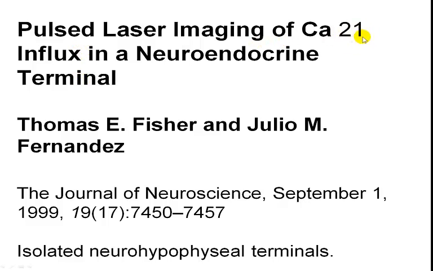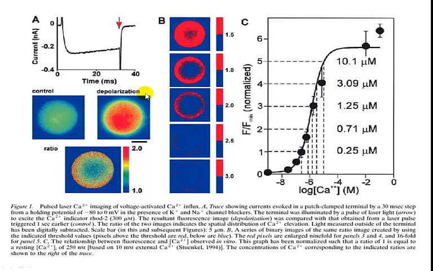So, pulsed laser imaging of calcium influx in a neuroendocrine terminal. So they use the posterior pituitary, where the terminals are really very large, and so they're quite easy to harvest, and they can be visualized, suspended in solution and studied and visualized with proper types of tracers.